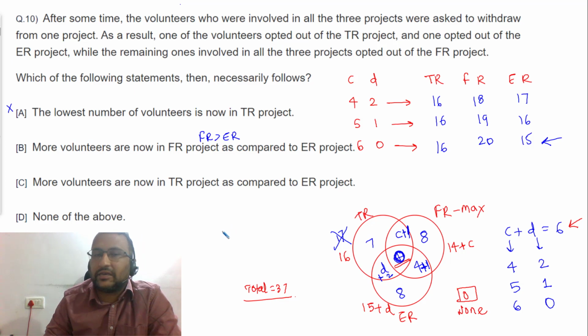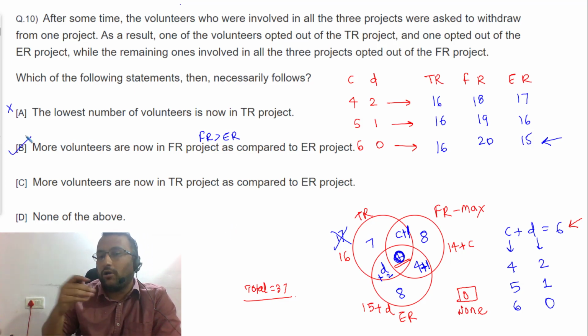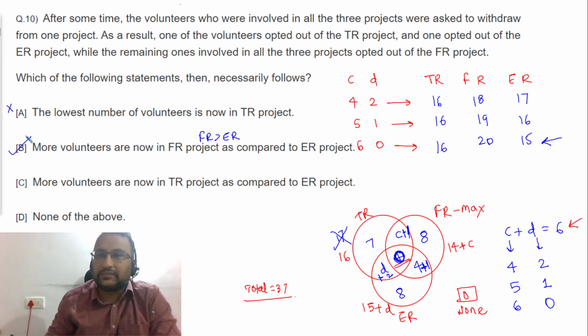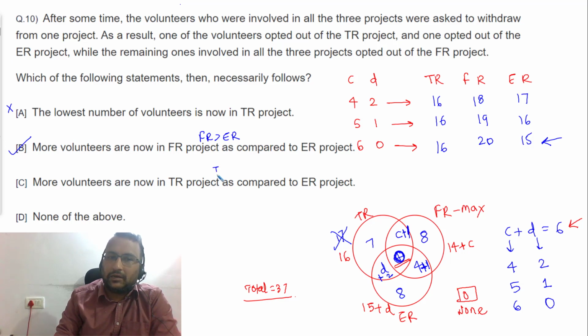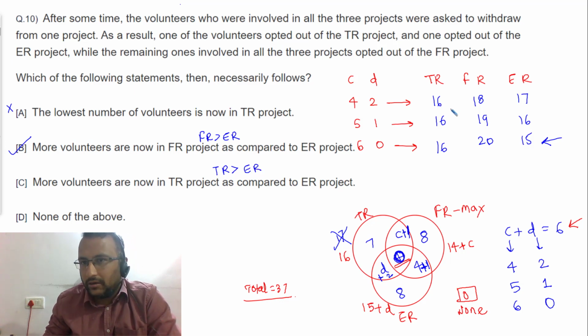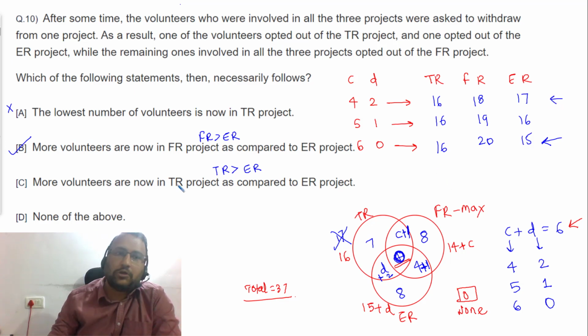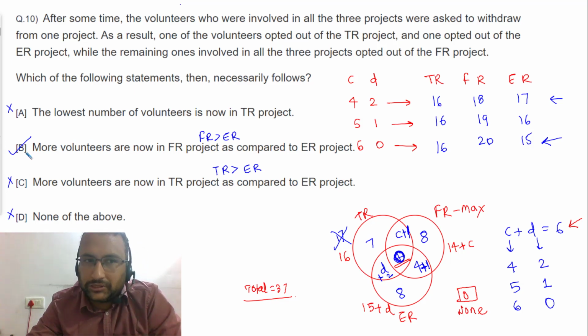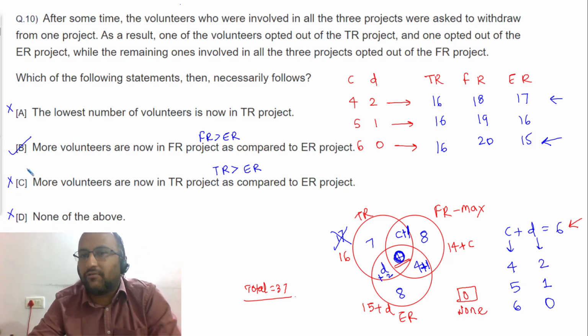This looks true in all the possible cases. Let's check statement C as well. More volunteers in TR than ER. TR is greater than ER. Not possible over here. So option C is eliminated. Option D is also eliminated. So option B is our final answer.